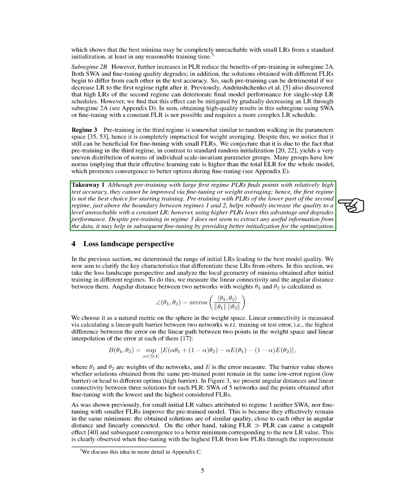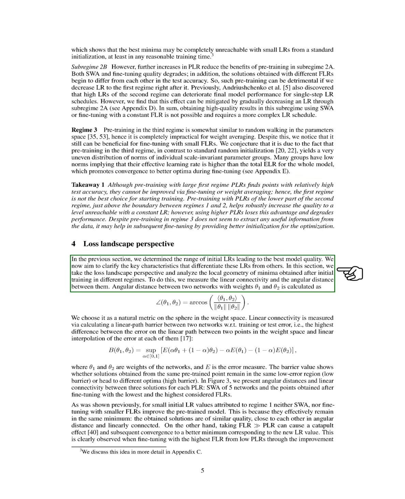However, using higher PLRs negates this advantage and worsens performance. Although pre-training in Regime 3 does not seem to extract useful information, it may still provide better initialization for subsequent fine-tuning. From a loss landscape perspective, we have identified the range of initial LRs that yield the best model quality.